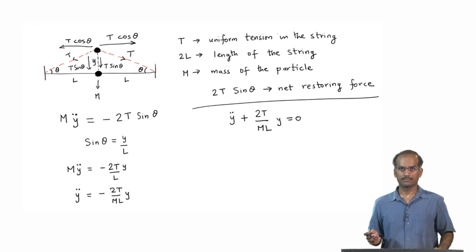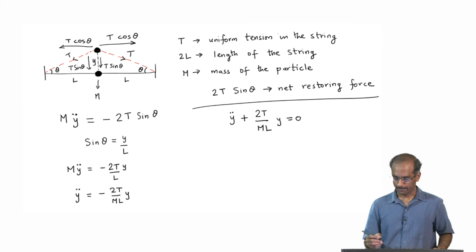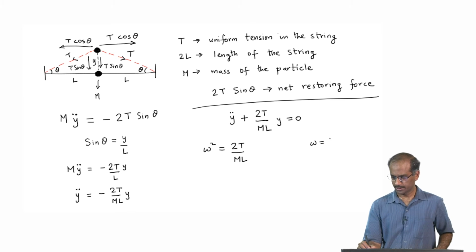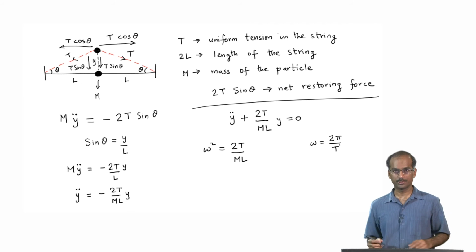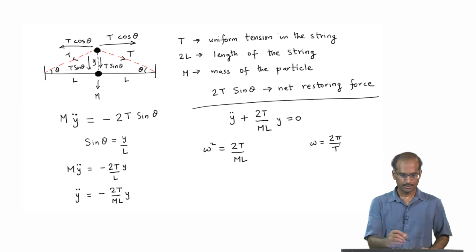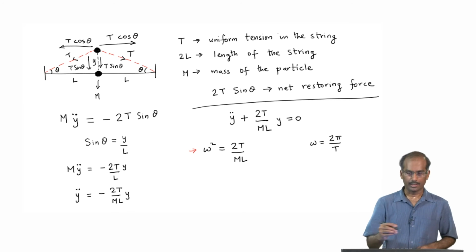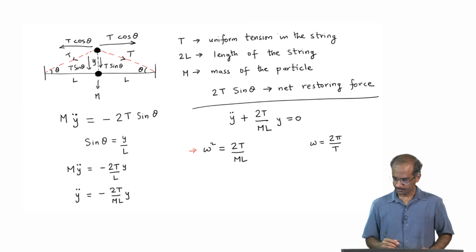So, from here I can straight away deduce what is the time period. Here omega square, the square of the angular frequency, will be 2 T by m L, and since we know that omega is equal to 2 pi by t, we can substitute this and rearrange the terms.